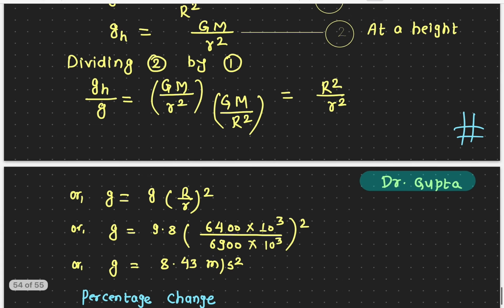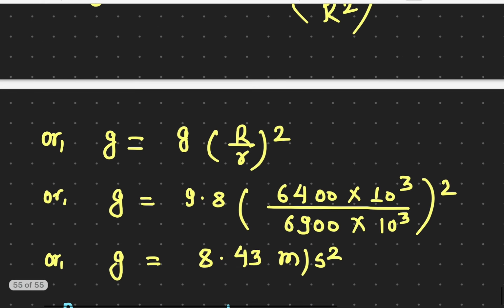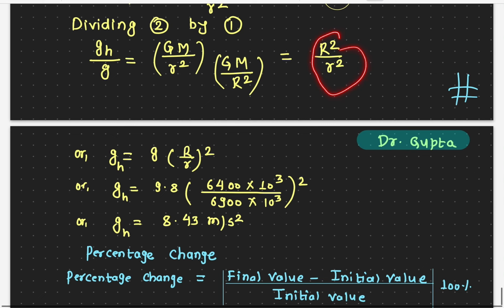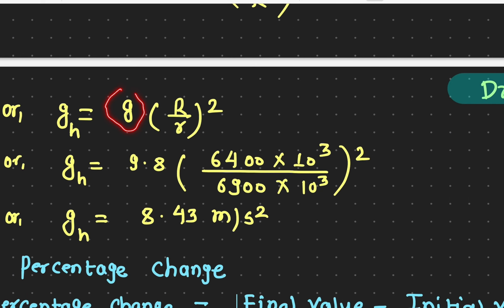So now if I solve for the acceleration due to gravity at a height, or gh, let me just write down one more thing here. This should be gh, and this should be gh. So now if I solve for gh, it will be g times R squared over r squared. So now we know all the numbers here. The g is acceleration due to gravity on the Earth's surface, which is 9.8.